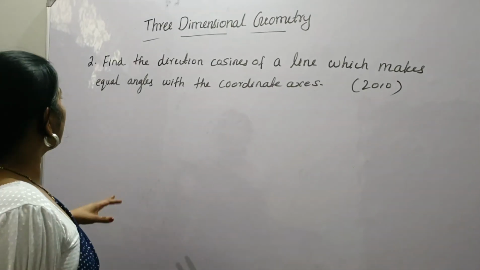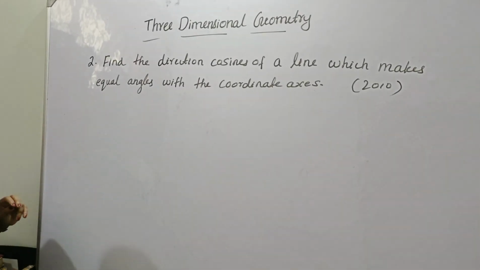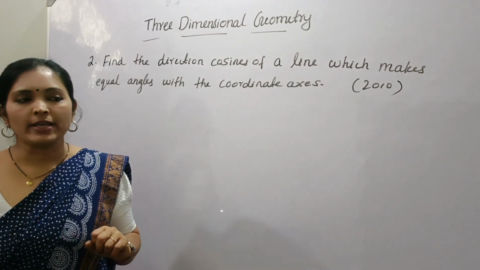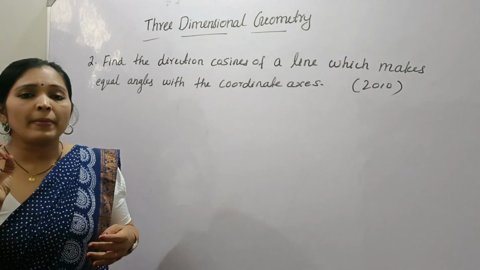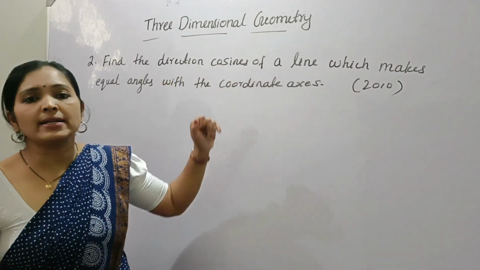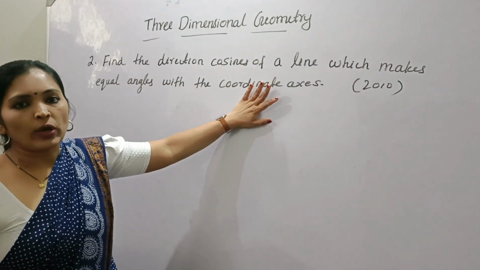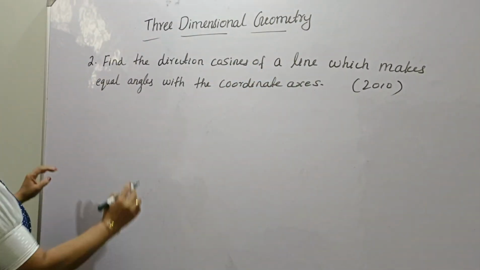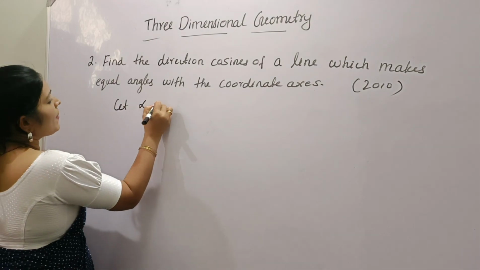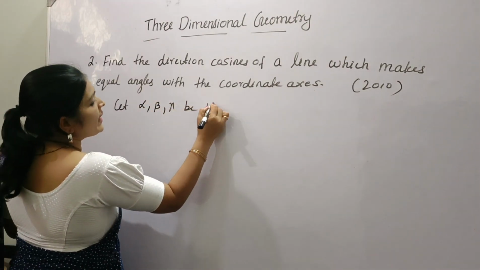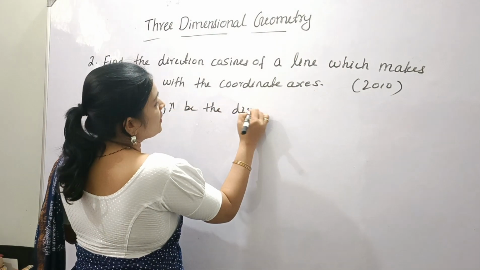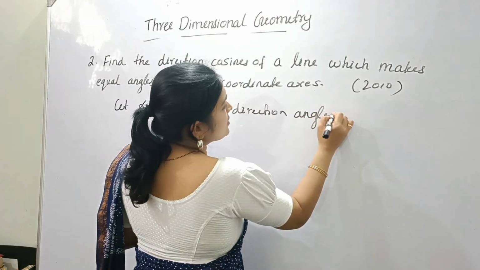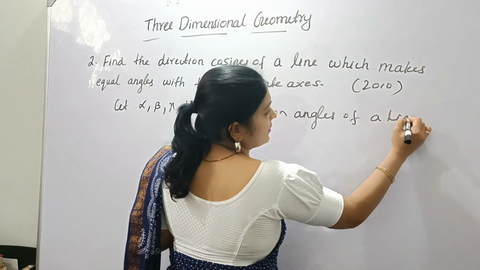Look at an important question. Find the direction cosines of a line which makes equal angles with the coordinate axis. See here, angles are not given, but one condition is given, all the angles are equal. So let alpha, beta, gamma be the direction angles of a line.